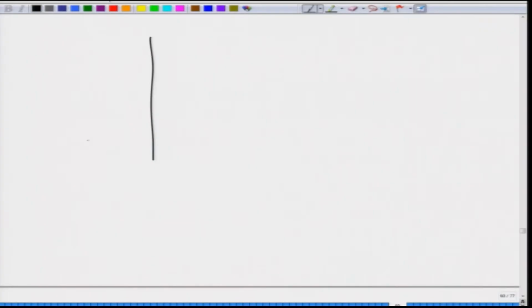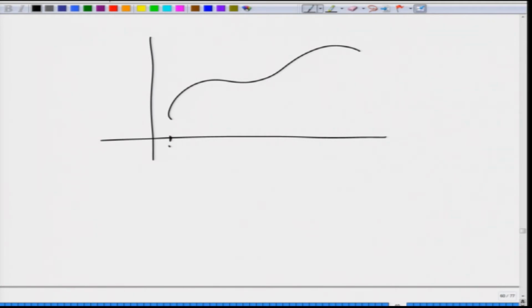So, let us consider the area problem. Suppose I have this is my A, this is my B, and this is f of x. Now, I want to calculate the area of this region.